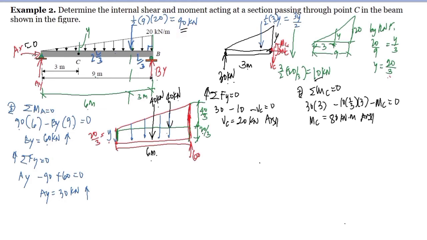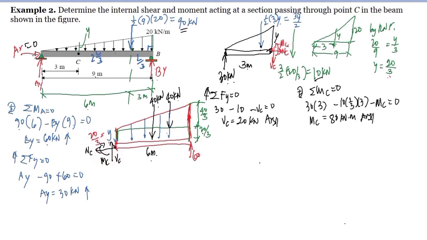For the distance, since we are taking the moment at point C, and in here at point C, may expose na yung internal loads natin, and that is the normal directed to the left. That's NC. The shear force directed upward, and the moment directed counterclockwise.